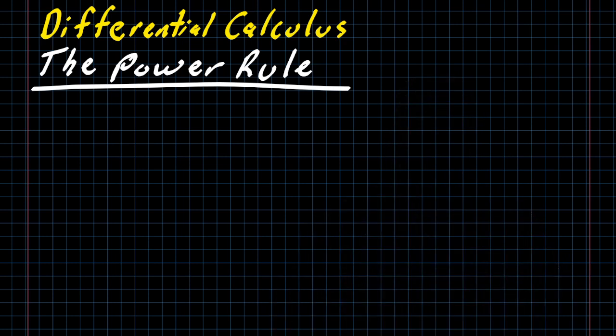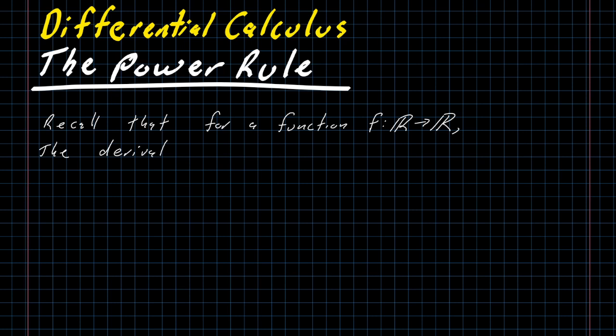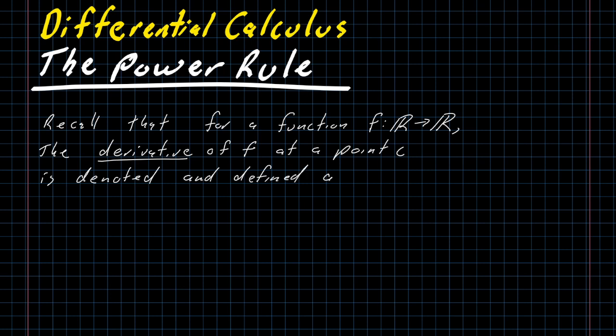First of all, recall that for a real valued function f, the derivative of f at a point C is denoted and defined as f prime of C. And this is defined using a limit.